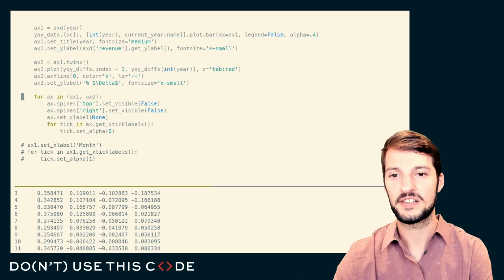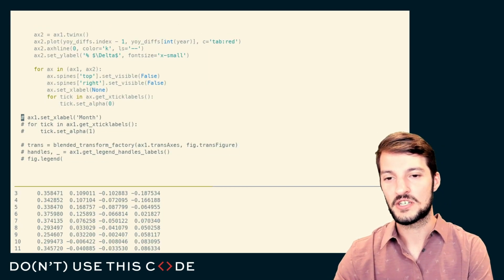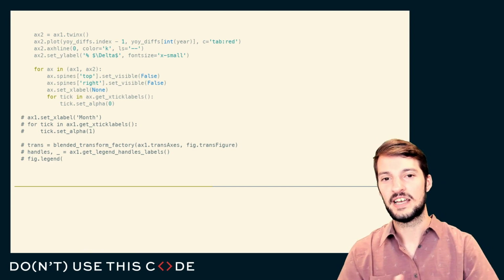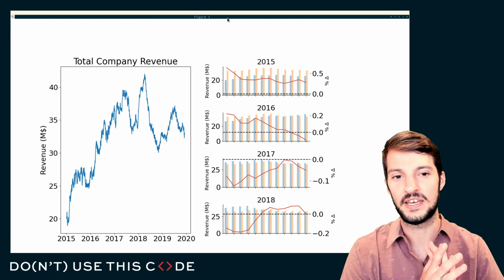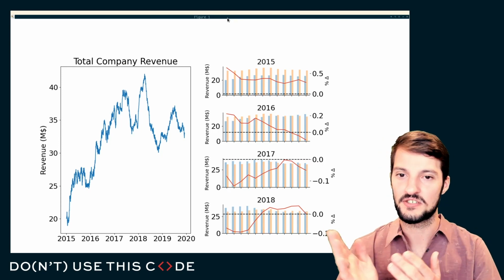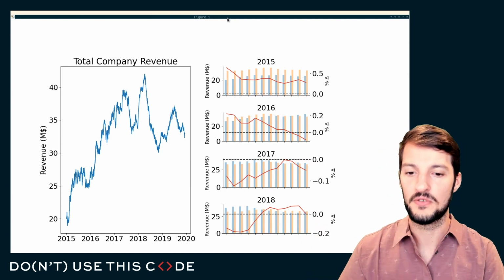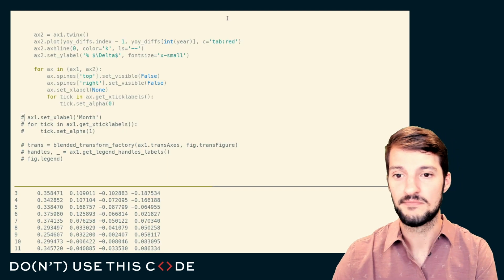And so I'm very readily able to extract meaning from these data. And I can use the plot on the left, the total company revenue, to make sure that what I'm seeing here on the right is actually aligned with the overall view of the data here on the left-hand side.